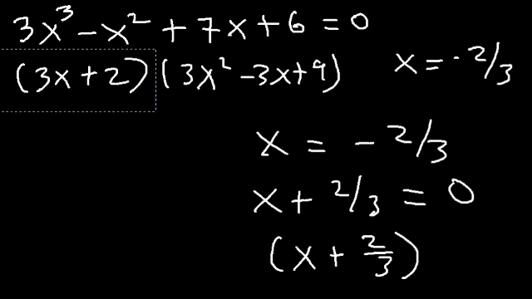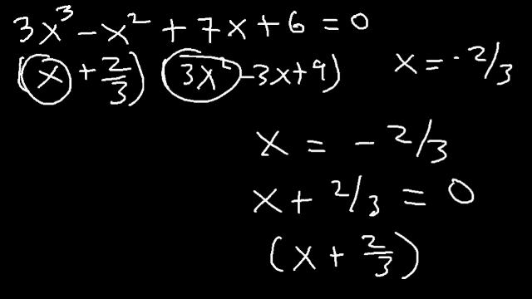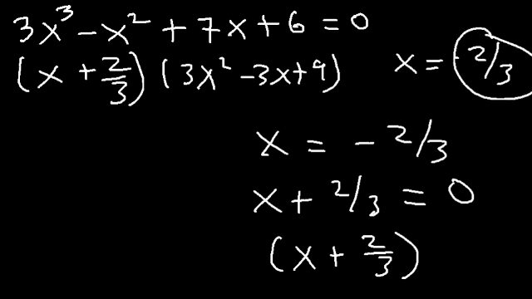So let's get rid of this particular factor, and let's use x plus 2/3. Because x times 3x squared is 3x cubed. And when we use -2/3 as a solution, this is what we received.